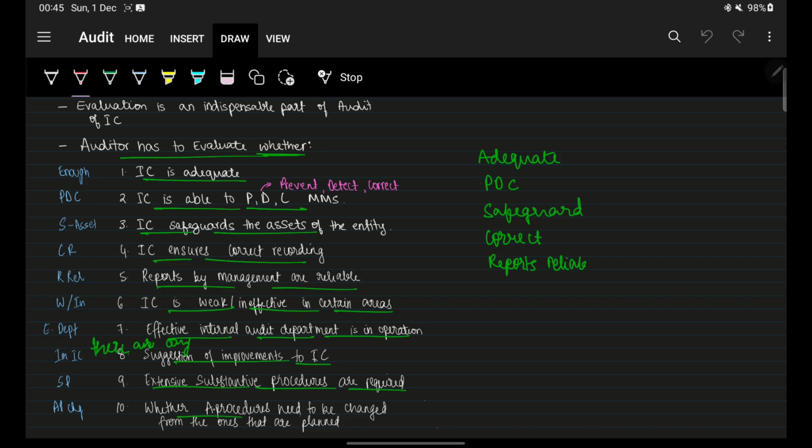And lastly, whether audit procedures need to be changed from the ones that are planned.